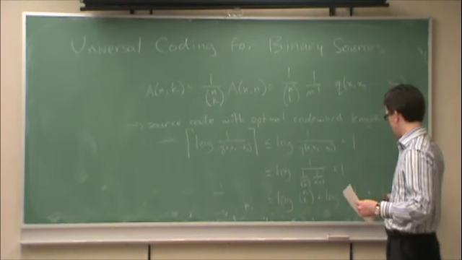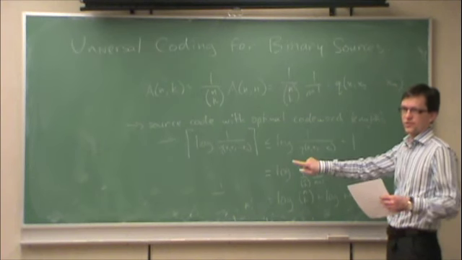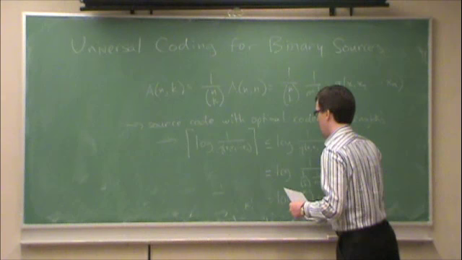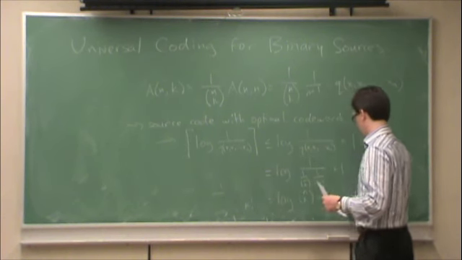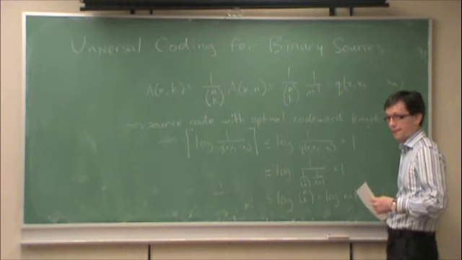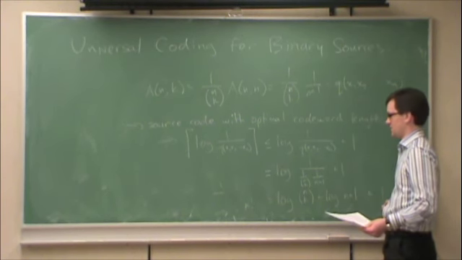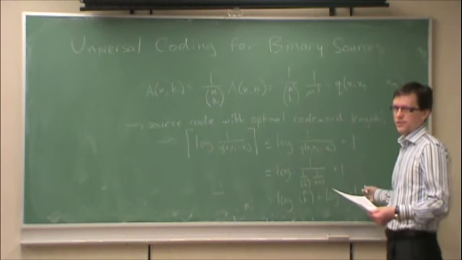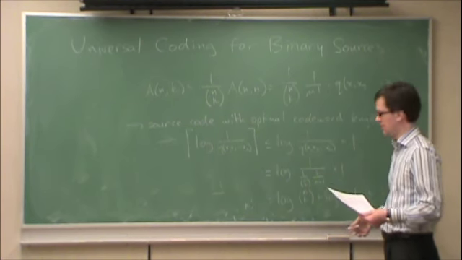This is exactly what we had just before. Remember, we started out with log n plus 1 plus log n choose k plus 2. So this is basically the same expression, and the 1 or 2 in the penalty term doesn't really matter because, again, this is a bound.